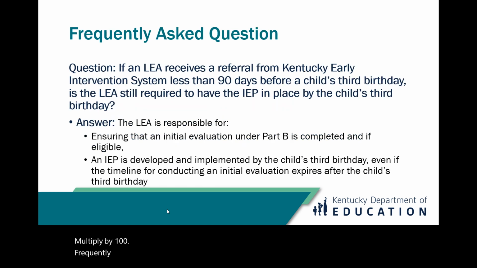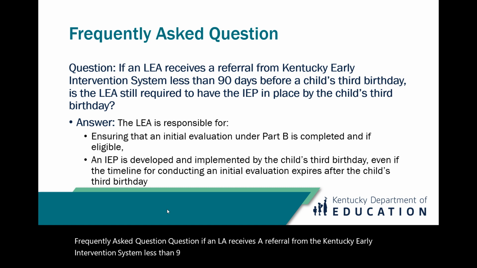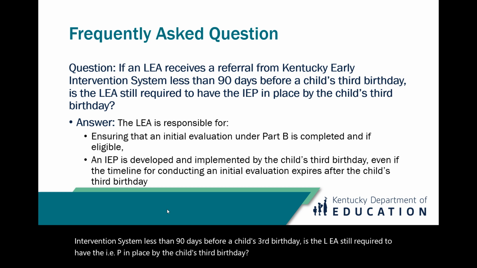Frequently asked question. Question: If an LEA receives a referral from the Kentucky Early Intervention System less than 90 days before a child's third birthday, is the LEA still required to have the IEP in place by the child's third birthday?